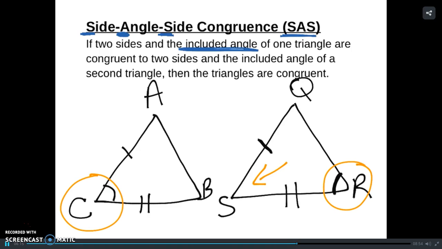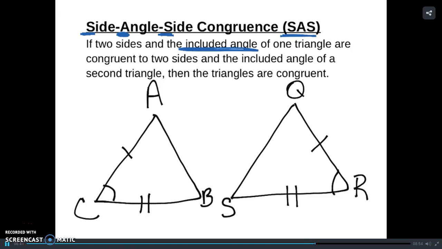Angle S was our included angle because it was between side QS and SR, because those are the two sides that come together to make that angle. And I can only use those two sides because they're the two sides that are marked as congruent to AC and CB on the first triangle. So this would not work.